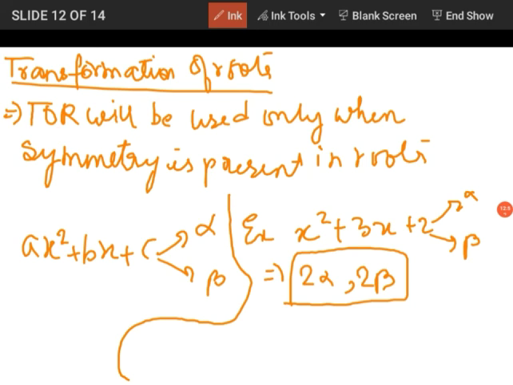So can you tell me, are these roots symmetric? Yes, because here with alpha 2 is multiplied and here with beta 2 is also multiplied, so both the roots are symmetric. Now, how to approach this with transformation of roots? We will assume 2 alpha to be t, where t is just a variable.